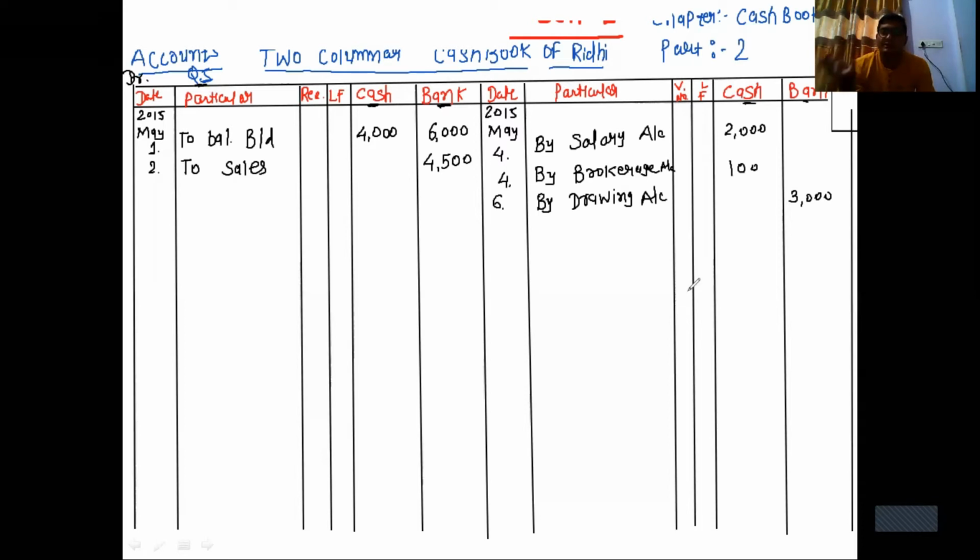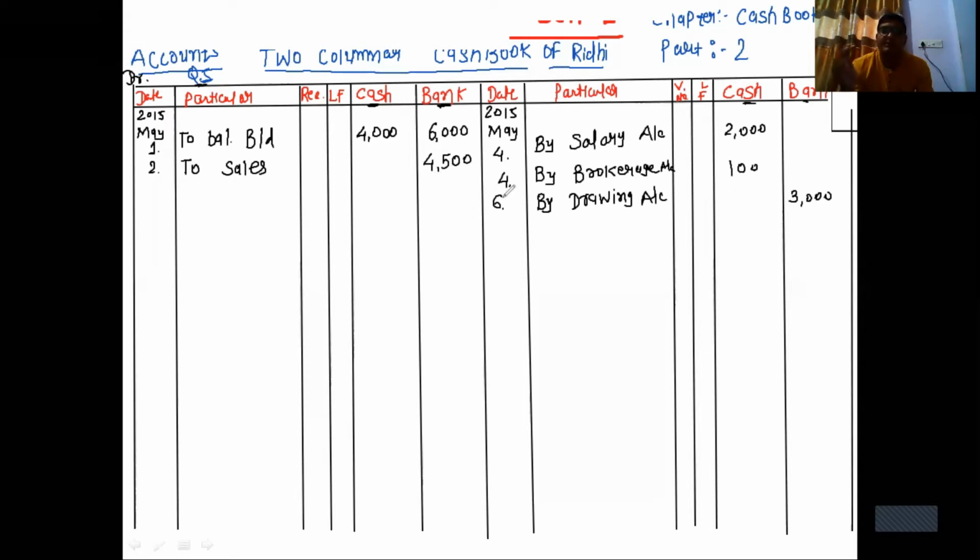But if this bank balance is withdrawn for business purpose, then it is a contra transaction with two effects. Number one, the bank balance decreases, and that balance comes into the business.